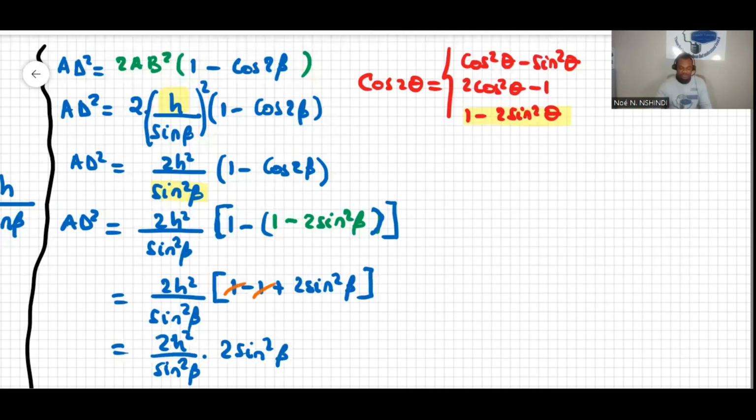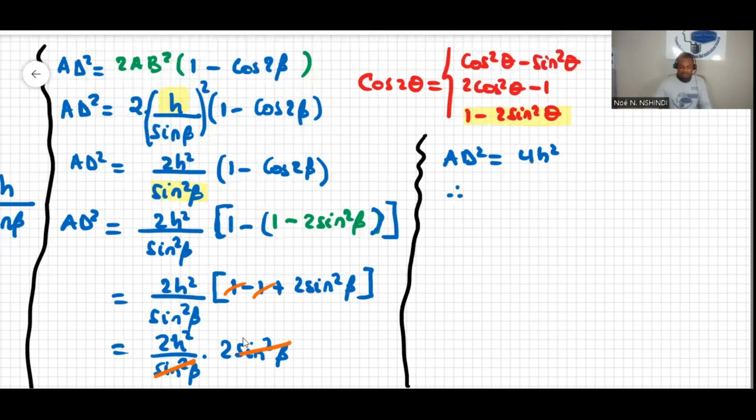Now we can simplify sine squared beta with sine squared beta, and we'll be left with AD squared equal to 4h squared, because 2h squared times 2 makes 4h squared.